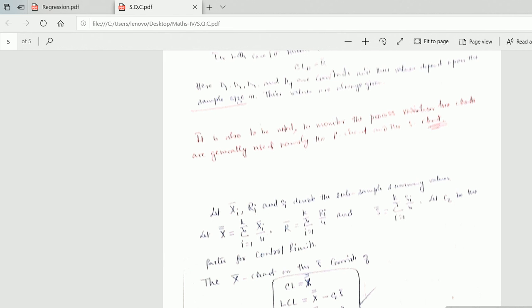Let Xi bar, capital Ri and capital Si denote the subsample summary values. Let bar of X bar be equal to summation i from 1 to k capital Xi bar upon k, R bar is equal to summation i from 1 to k capital Ri upon k, and S bar is equal to summation i from 1 to k Si upon k. Let capital C2 be the factor of control limits.